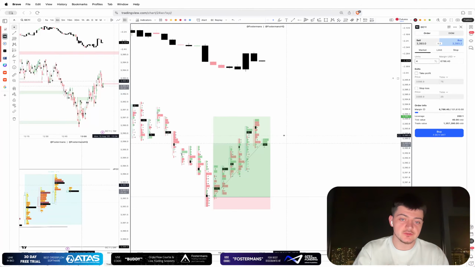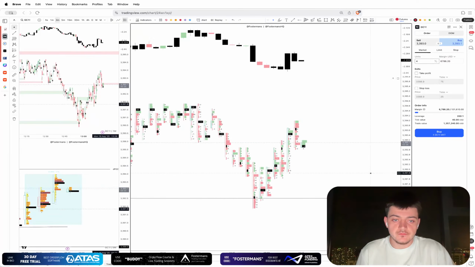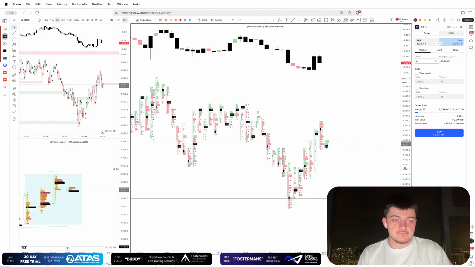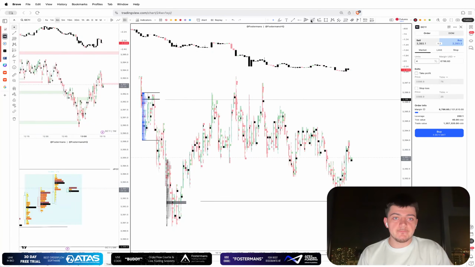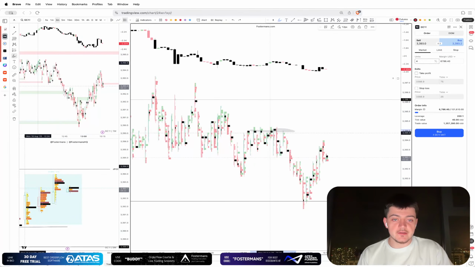New 15-minute candle open as well, so we'll see if we can get some volume coming in. But again, we were trading that range. Obviously, when we broke that range, there was a short right here. If you would have taken that, that was not something that I was willing to take.